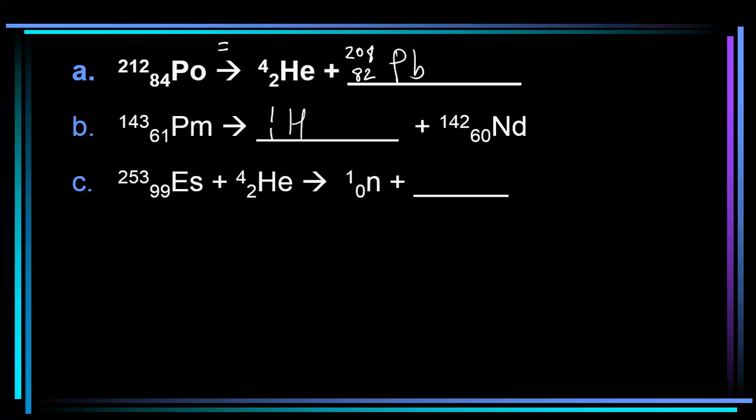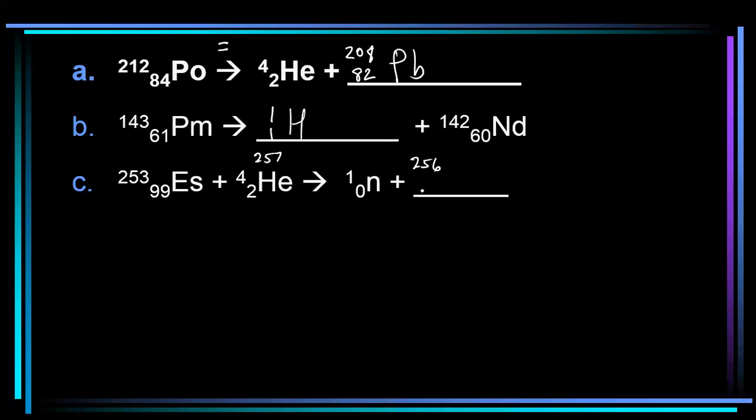All right. Hunter. 253 plus 4 is what? 253 plus 4. 257. 1 plus what is 257? Does that help you identify what this thing is? Nope.